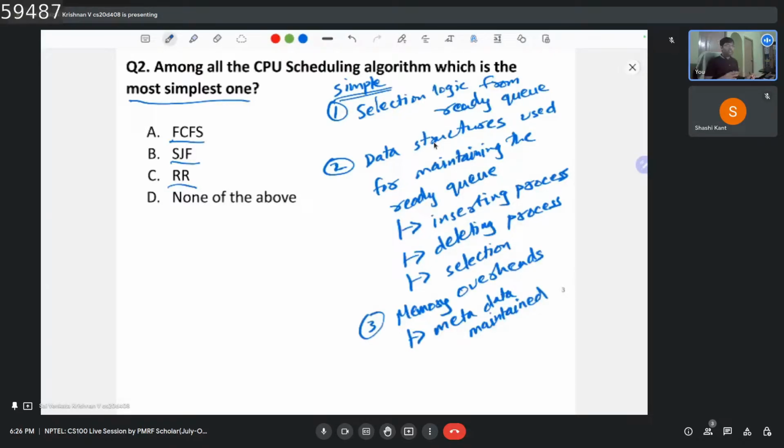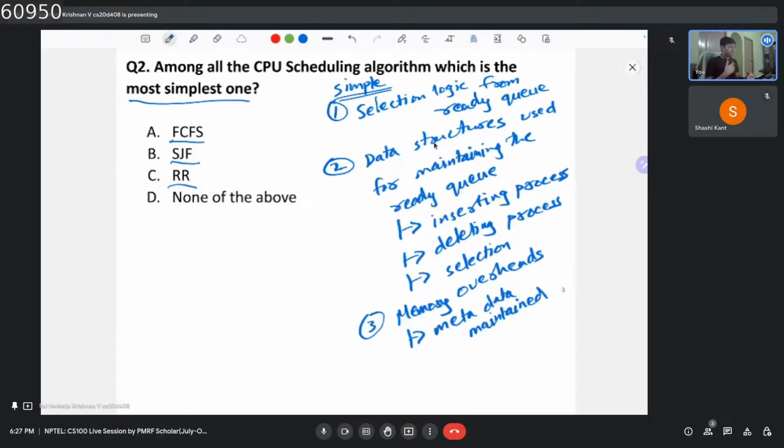For example, in a priority scheduling algorithm, the metadata would usually involve the priority of each process when compared to the other processes. In shortest job first, you have to somehow estimate how many CPU burst cycles are still left for execution by that process.